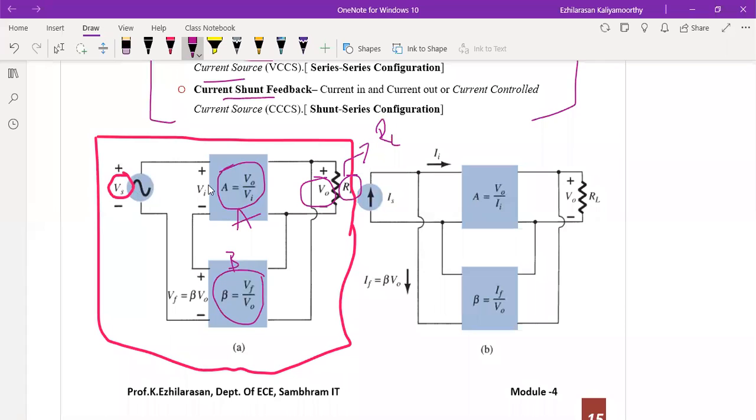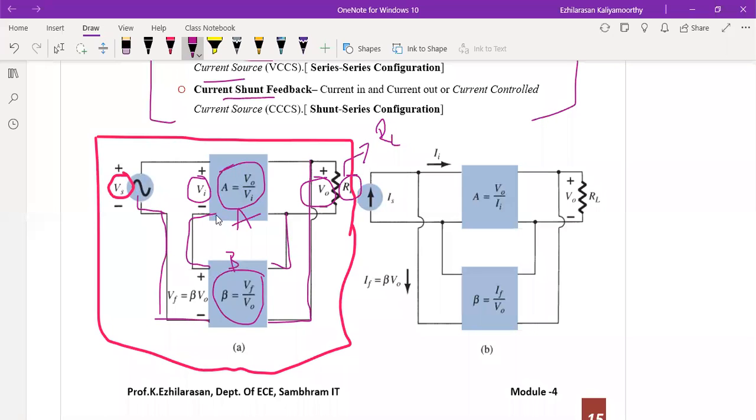From the previous one I wrote Vi, then this will be Vs, and this is your V naught, the output. The output goes to one portion, and then is fed back to the portion of your source, that is Vs.